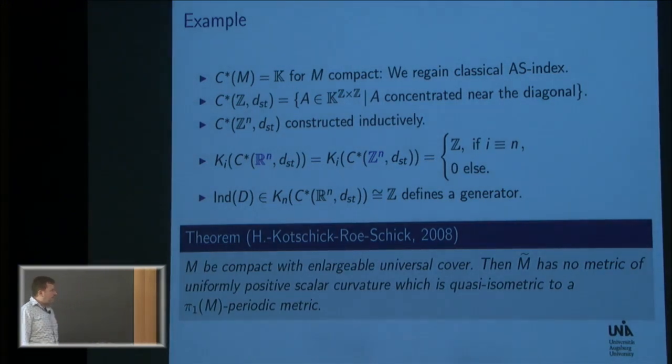And one example is this theorem that we proved 10 years ago together with Kotschick, John Roe, and Thomas Schick. Namely, we get a slight improvement of the usual enlargeability obstruction by Gromov.